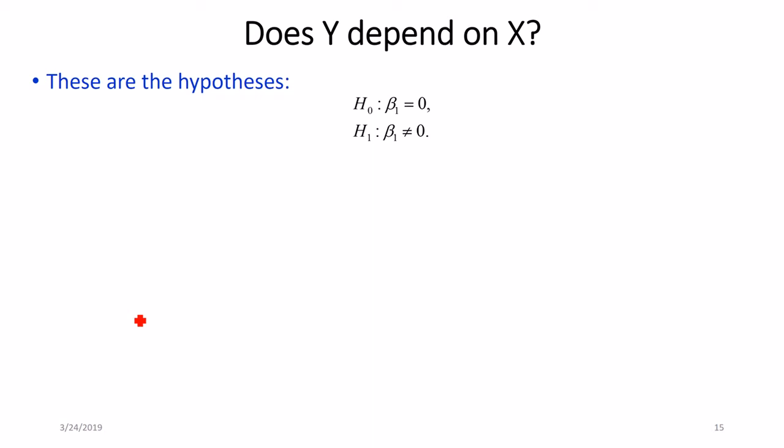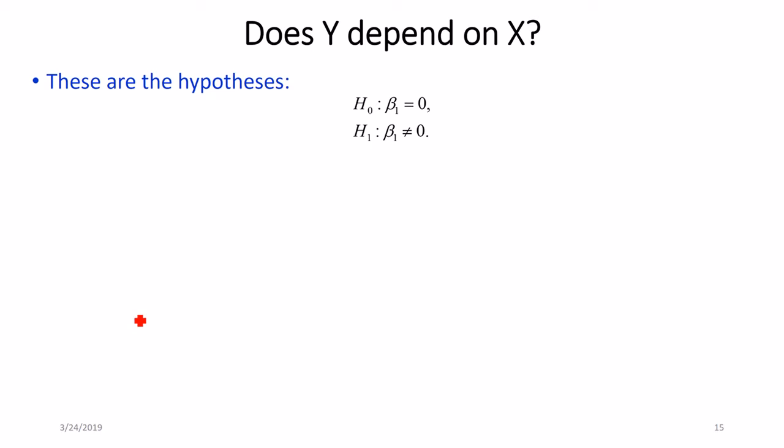In H0, beta 1 is equal to 0. This means there is no linear relationship at all. In H1, beta 1 is not equal to 0, and here it indicates there is a linear relationship between the independent and dependent variables.